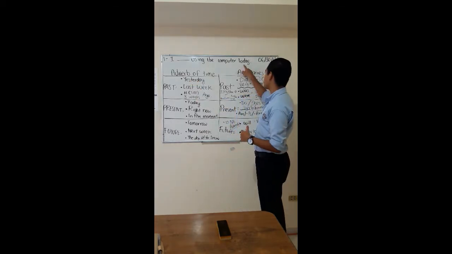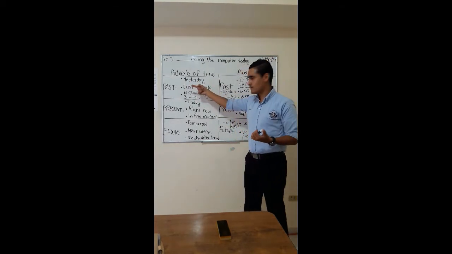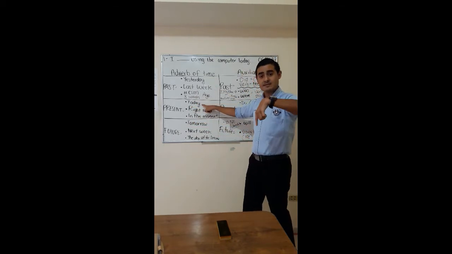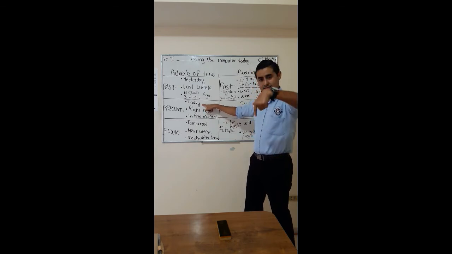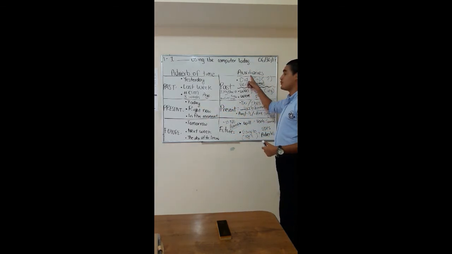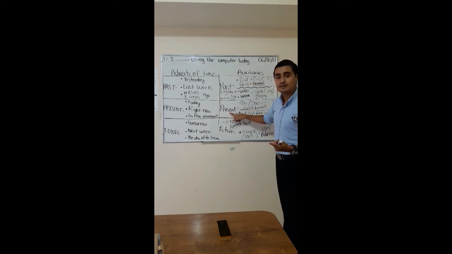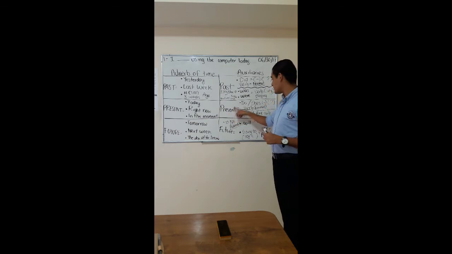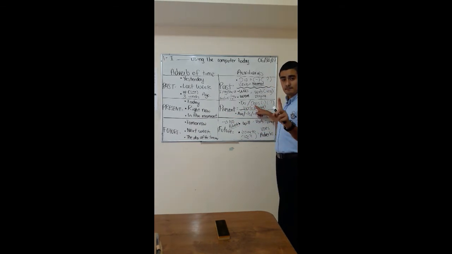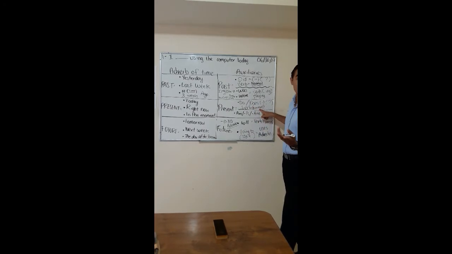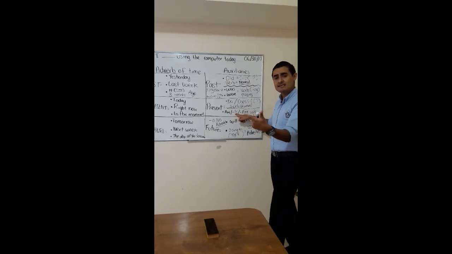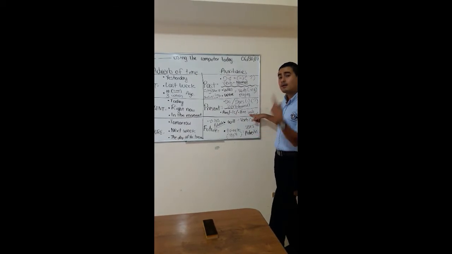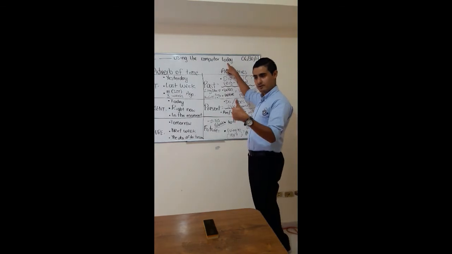For example, today, hoy. Is it past, present, or future? It is right here. Today is present. So here, we know it's present. So we pass to the auxiliaries of the present. Pasamos a los auxiliares del presente. And we have 5 options. Do, does, but the verb is normal. El verbo es normal. Or, am, is, are. Y el verbo tiene ing. Or the verb has ing. So let's check. Today, perfect.